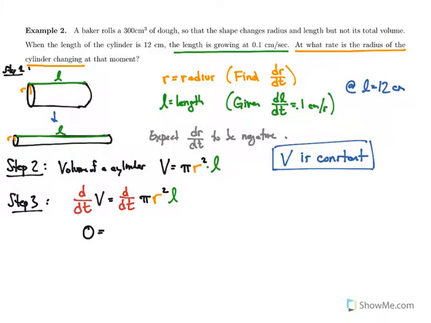It's not changing, so its derivative is 0. On the right, we have to use the product rule to take care of that derivative.